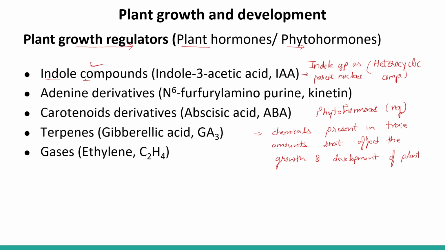Alright, and then we have the adenine derivative. Now what is adenine? Adenine is a nitrogenous base present in the DNA. So here an example of adenine derivative phytohormone is kinetin.